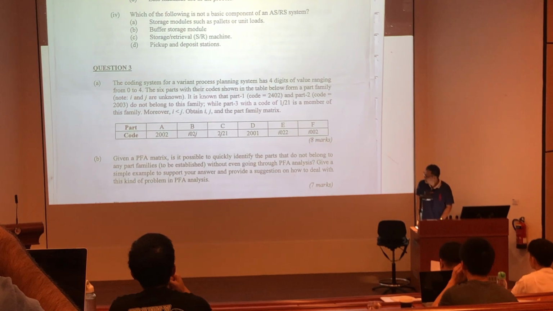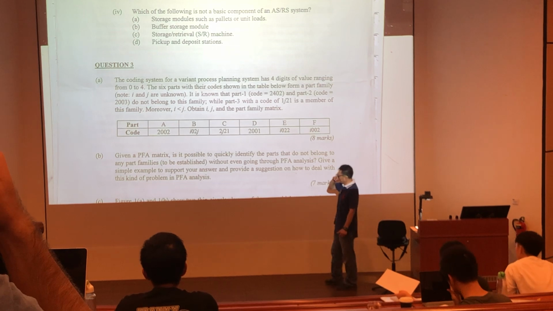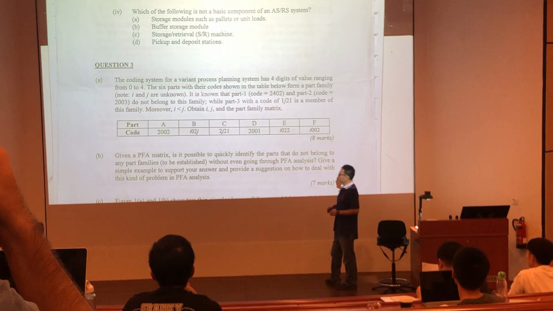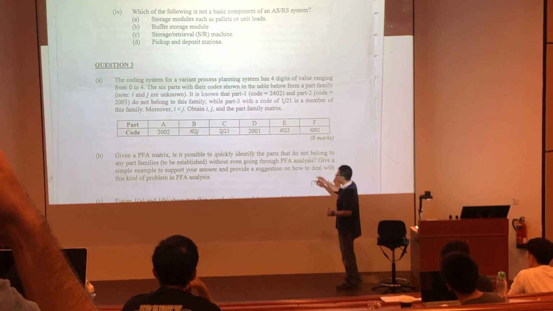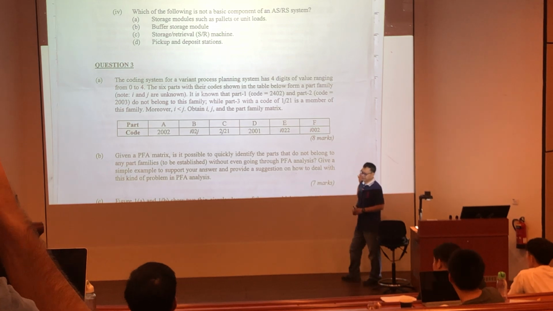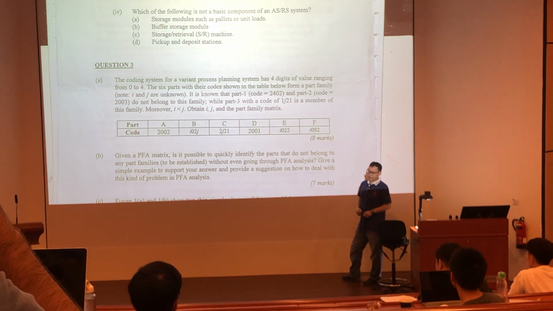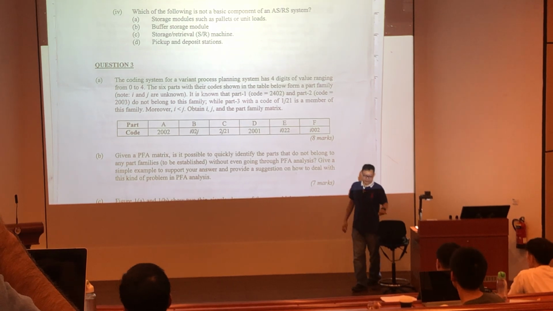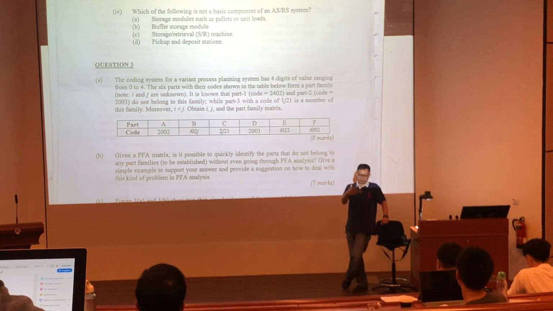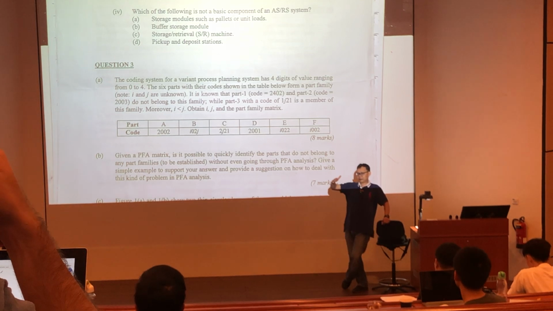Okay, 3B. Given a PFA matrix, this one concerns the PFA procedure. Given a PFA matrix, is it possible to quickly identify the parts that do not belong to any part families? We don't have the part family yet, right? You start with the family matrix, and we know that we normally need to apply numerical methods like rank order, cluster, these kinds of methods to convert them into a certain state.